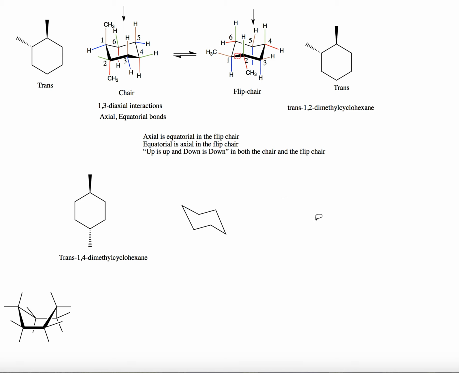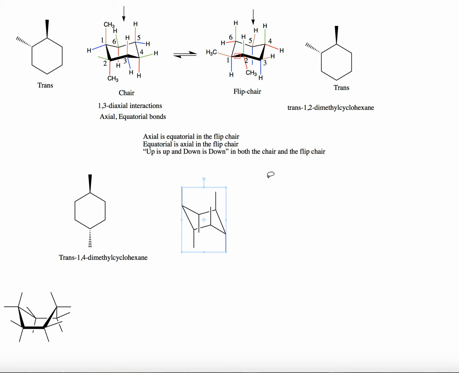And then the way to do, once again, axial and equatorials is in carbon number 1, which is the head carbon. Sorry, in this case, axial is pointing up. Therefore, the next carbon must be pointing down, up here, down, up, and down.